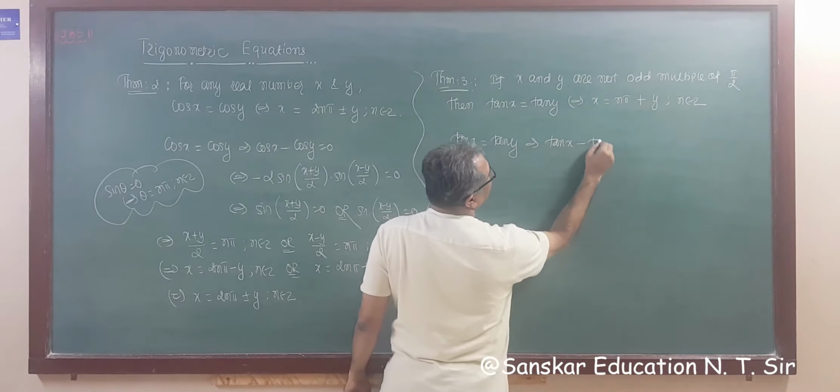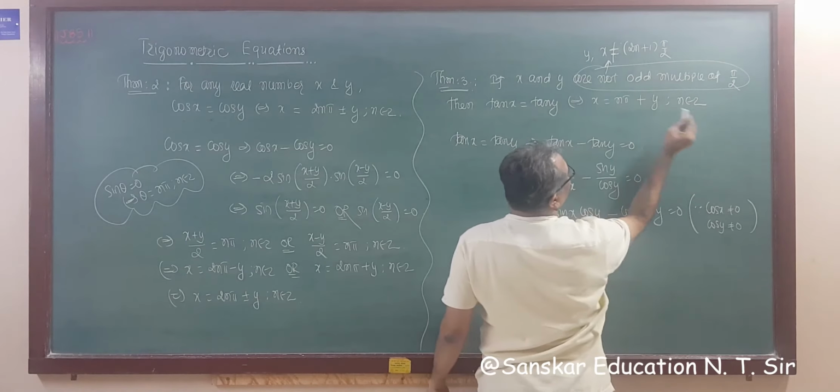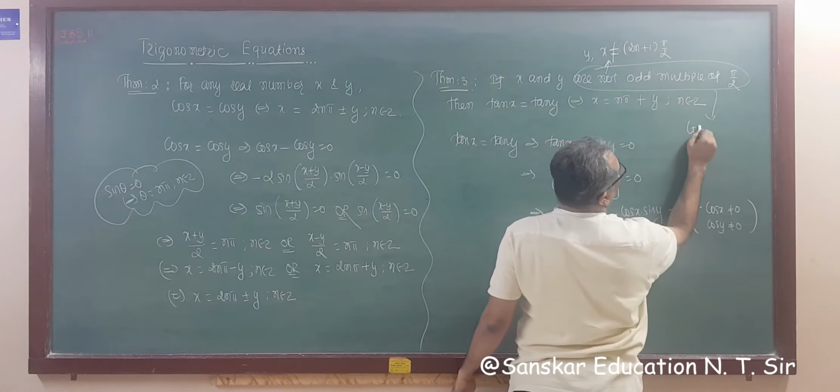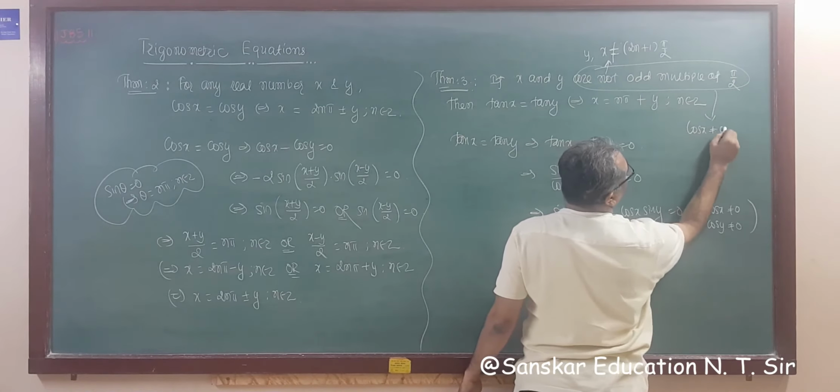This indicates these are not odd multiples of pi by 2, that is the meaning of cos x not equal to 0 and cos y not equal to 0, because this is the set of zeros for cos.